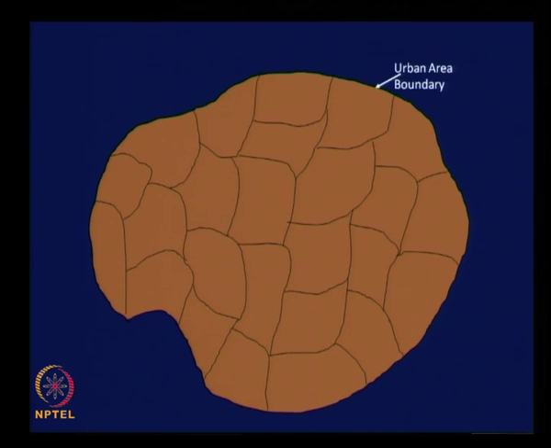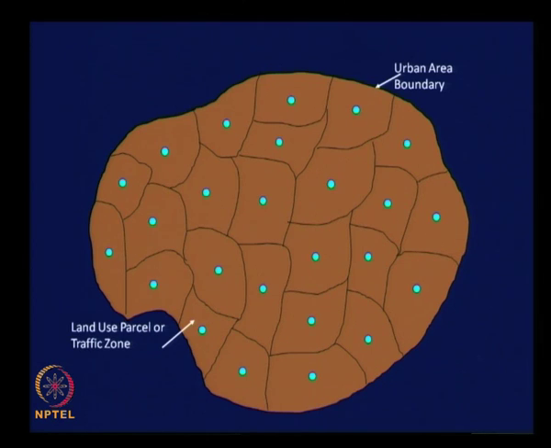That is what exactly a trip is as far as this particular analysis is concerned. We have to remember very carefully, we were talking about the entire urban area to be divided into smaller land use parcels named traffic zones, and then we fix the points of origin as well as destination as zone centroids.